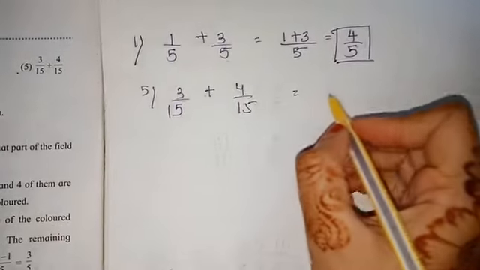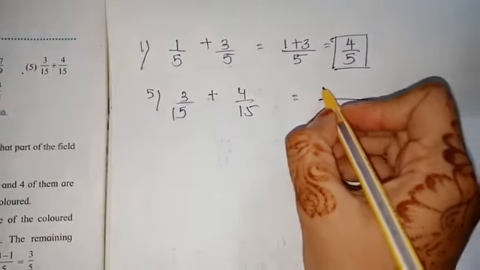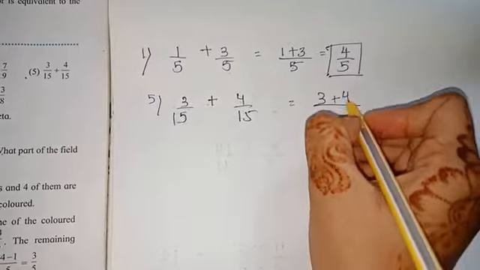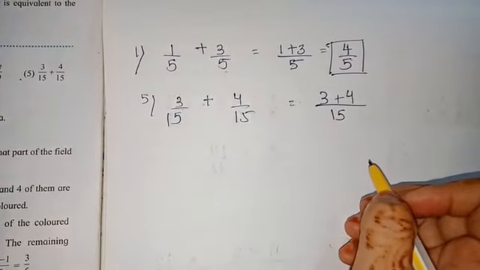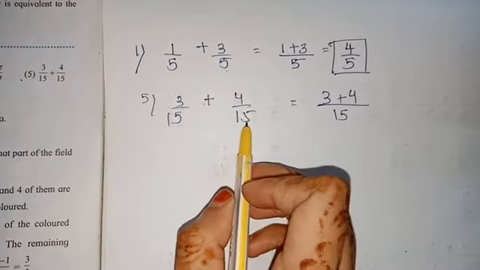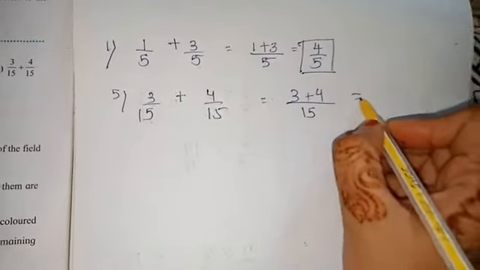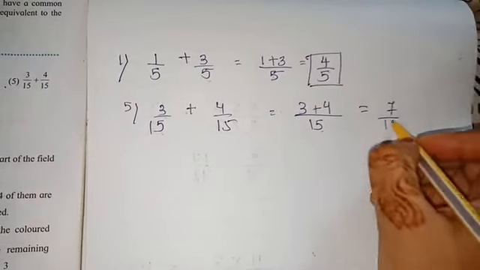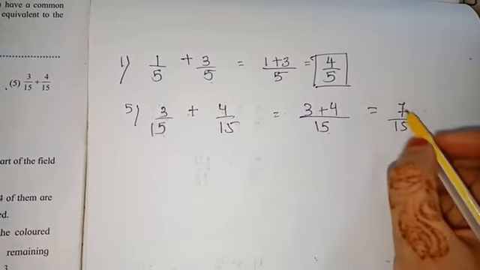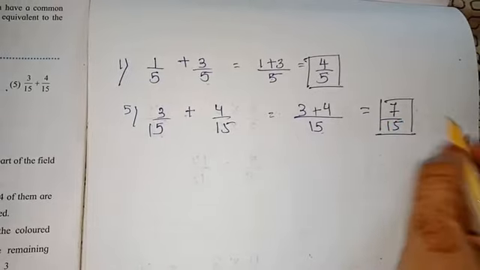Now add numerators, that is 3 plus 4, and 15 will come as it is. We will not add denominators, right? Now 3 plus 4 is 7 and 15 will come as it is. Understood? This is our answer, 7 by 15.